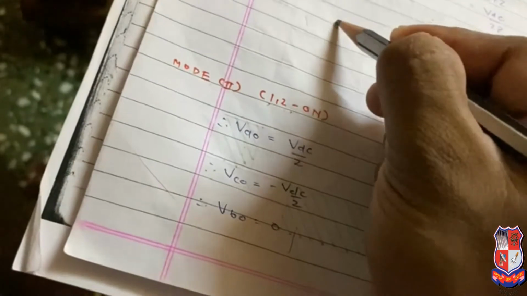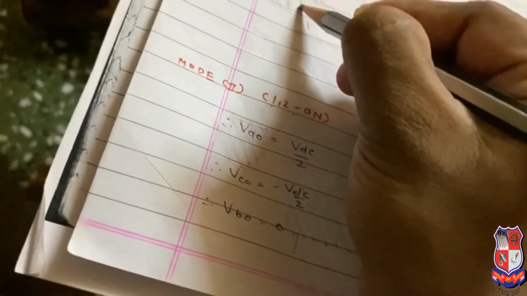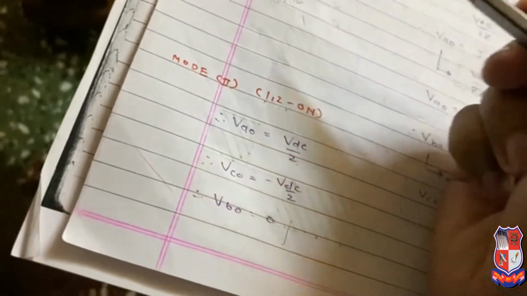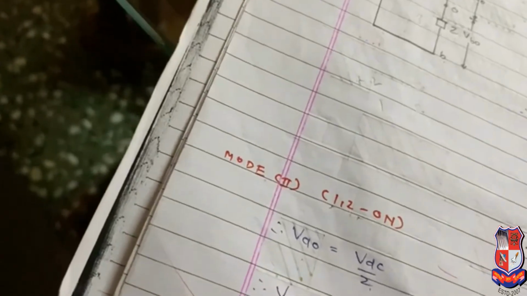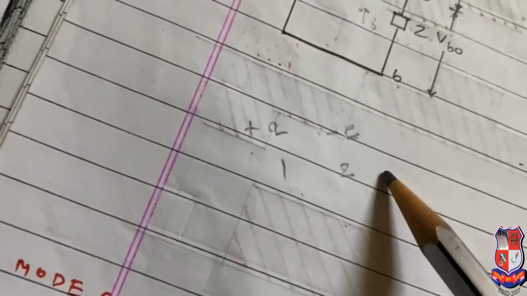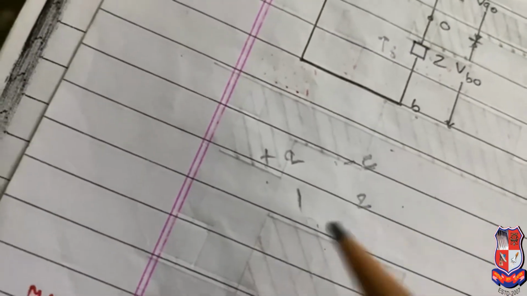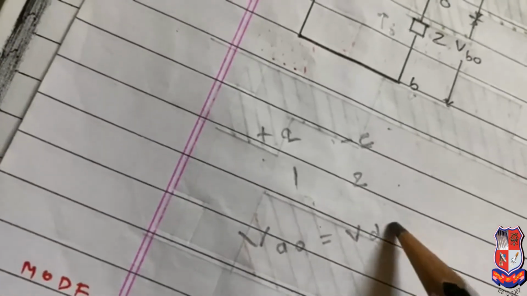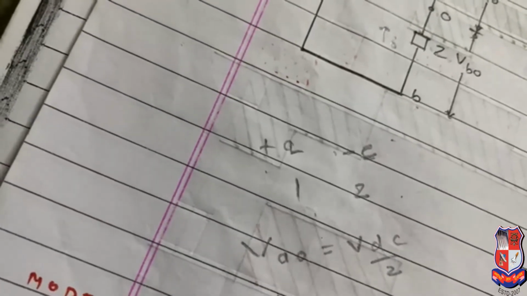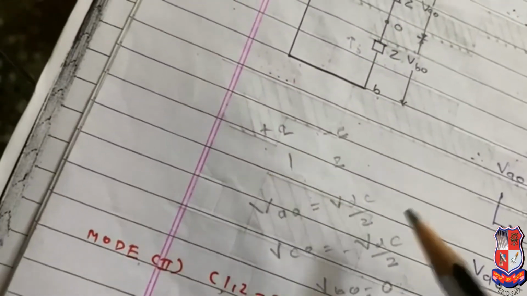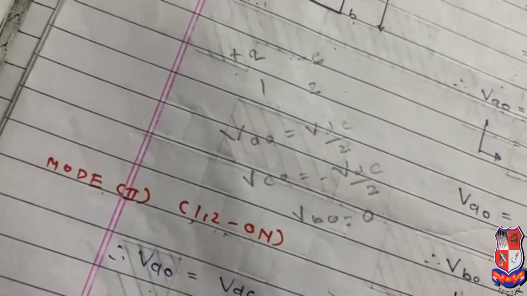Suppose 1 and 2 are on. 1 is for positive A, we know that, and 2 is for negative C. So directly we can write VA0 is equal to VDC by 2, and for negative, VC0 is equal to minus VDC by 2, and the remaining phase VB0 is equal to 0. For all the modes we can write like this.